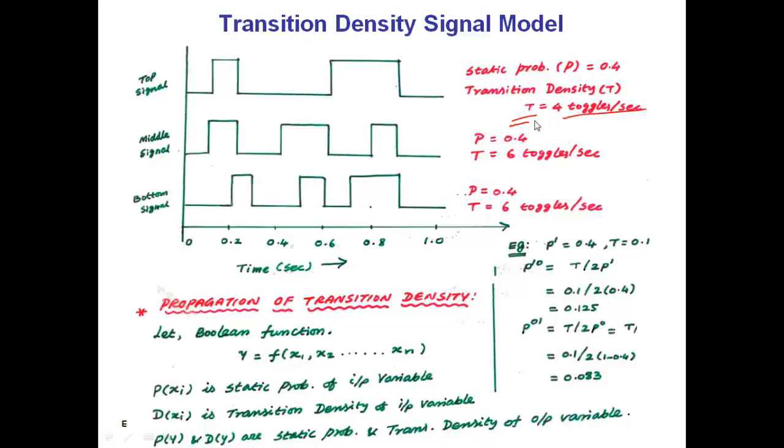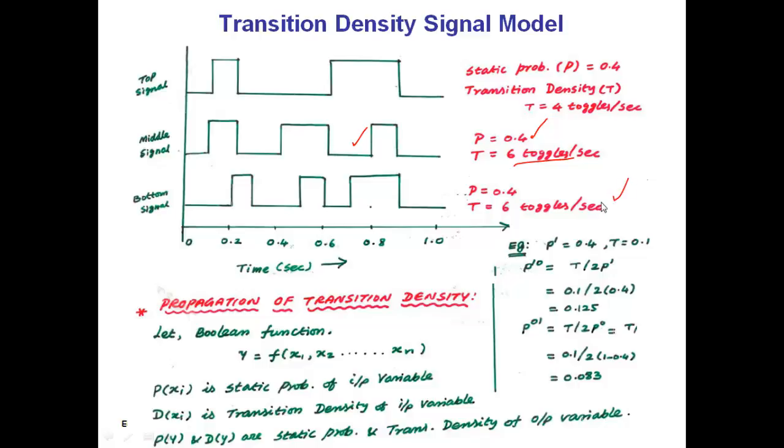Given the transition density and the probability, we will be able to know what the P0 would be and what the frequency would be. The entire information about the logic signal can be obtained. For this other signal, the probability of 1 is 0.4 and it has 6 toggles per second.